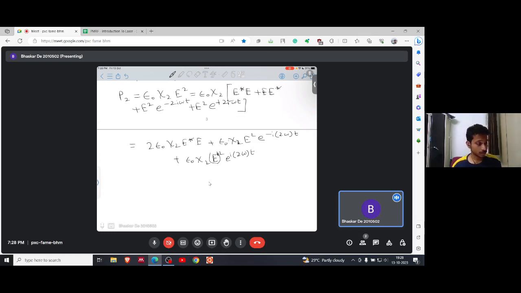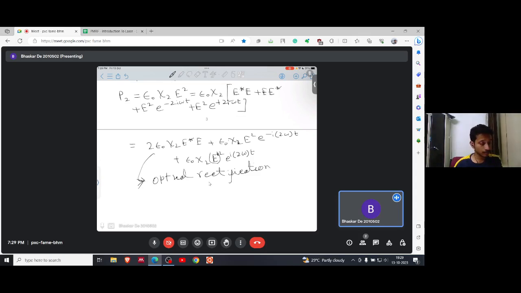So the first term is a time independent factor that produces no oscillating electromagnetic radiation. It is a DC electric field response referred to as optical rectification. And the second and third terms can be seen to contain frequencies that are exactly twice the frequency of the fundamental wave.